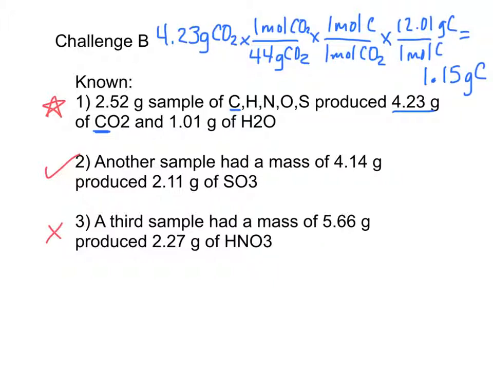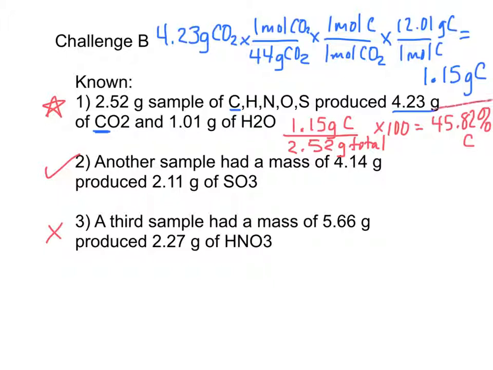To get our percent of carbon, if our whole sample is 2.52 grams, the part of it that's carbon is 1.15 grams. Divide that by 2.52 grams total, and of course multiply by 100, but you knew that. And somewhere you get 45.82% carbon from that compound.